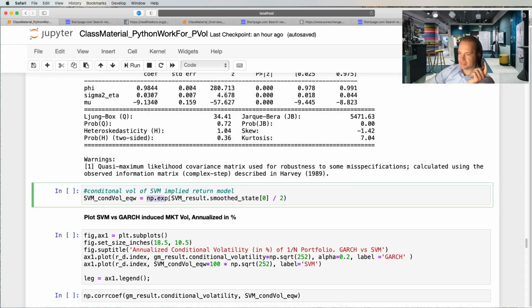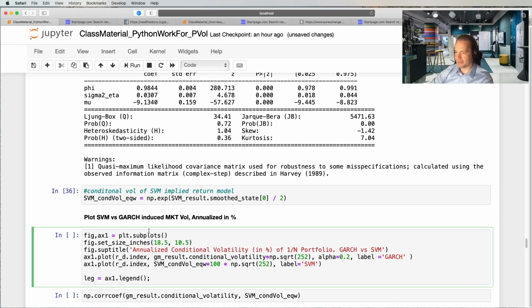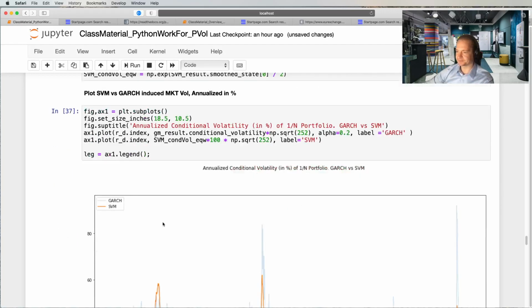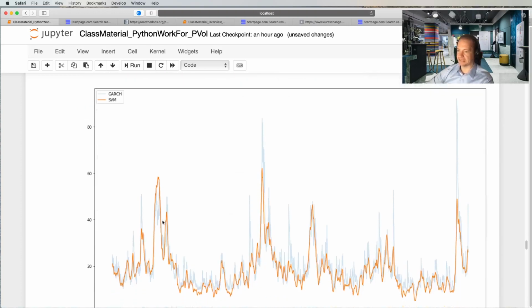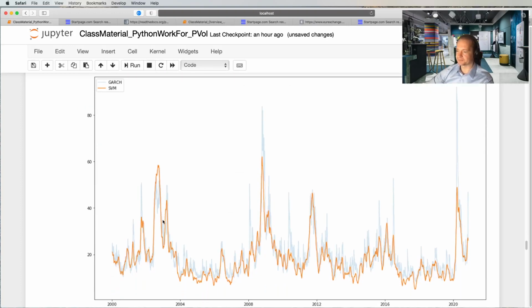I say E to the, give me the HT. In the package, it's not called HT. It's called smooth state 0. We will have a full day on the Kalman filter methodology. Then you know why that is a smooth state. We divide by 2 as the model wants us to do. Okay, great. Now we have SVM conditional vol of the equal weight portfolio. And now we want to compare that with the GARCH implied vol. That is what it looks like.